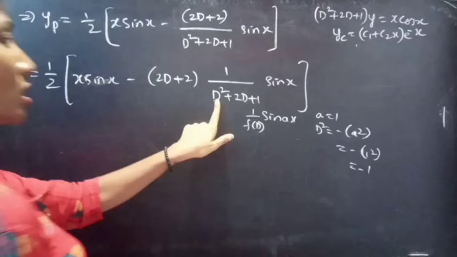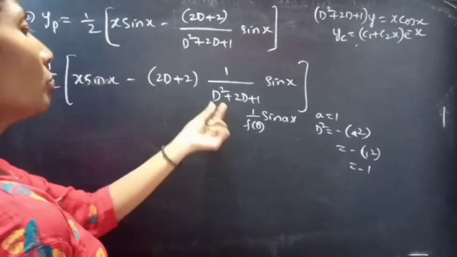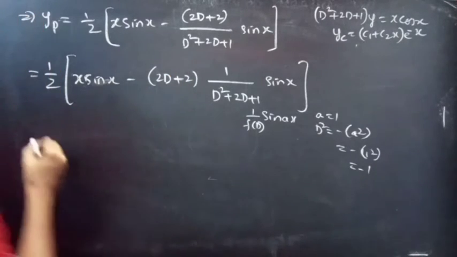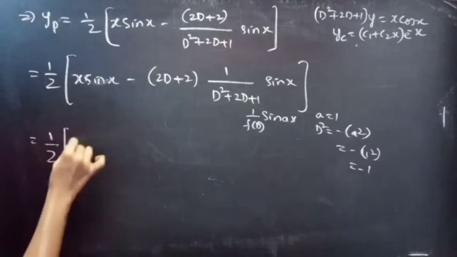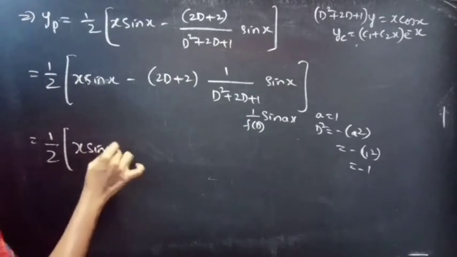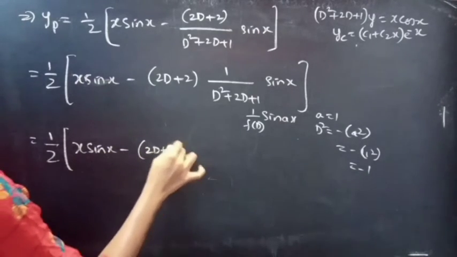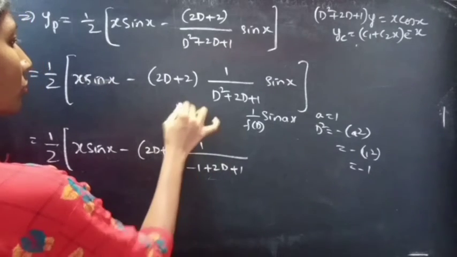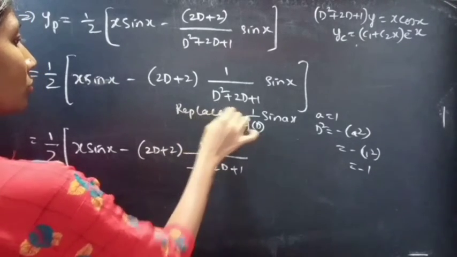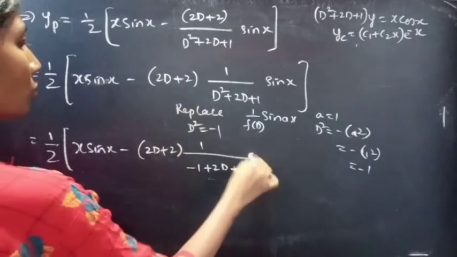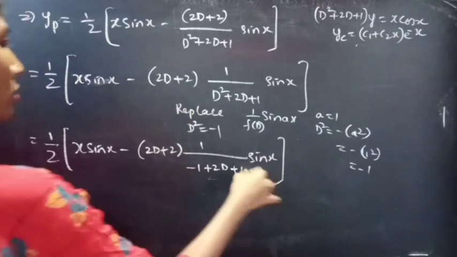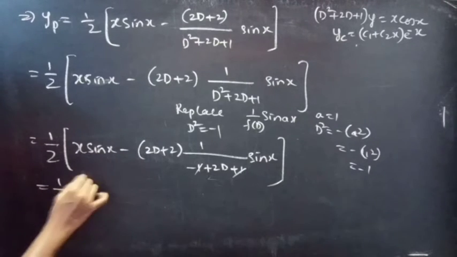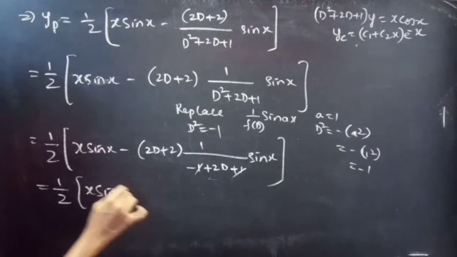Now replace this D² by minus 1, and we know that by replacing D² by minus 1 we get the denominator non-zero. Okay, so nothing to worry, we'll just replace D² by minus 1. We'll get 1/(minus 1 plus 2D plus 1) into sin x. Here plus 1 minus 1 gets cancelled.